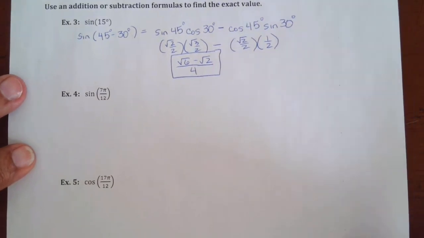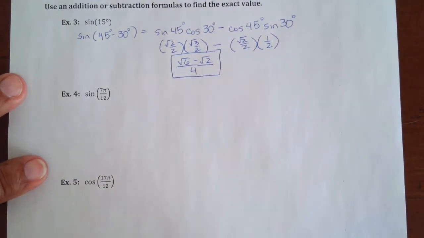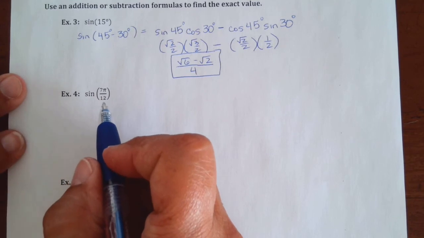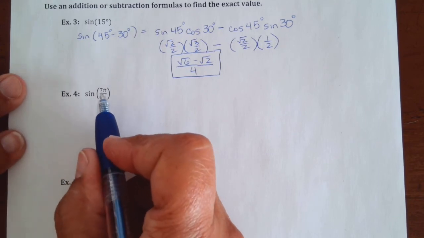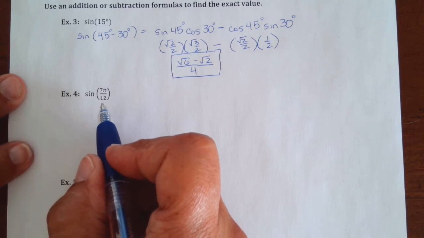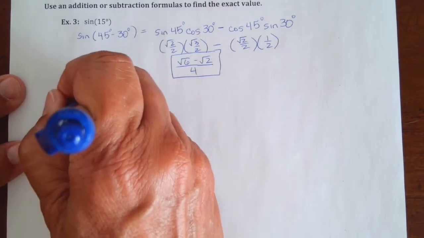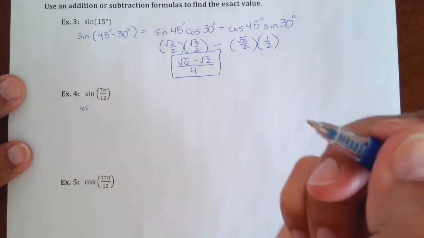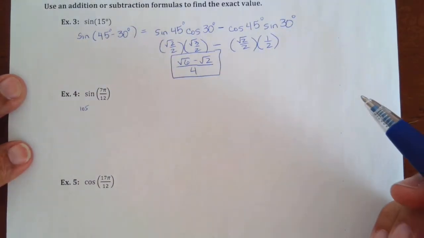All right, next one is 7 pi over 12. Okay, so we know 7 pi over 12. Again, do you know what that is in degrees? So I'm going to do 7 divided by 12 and then multiply that by 180. So that ends up being 105 degrees. So I'll just write that there. So figure out how to get 105.